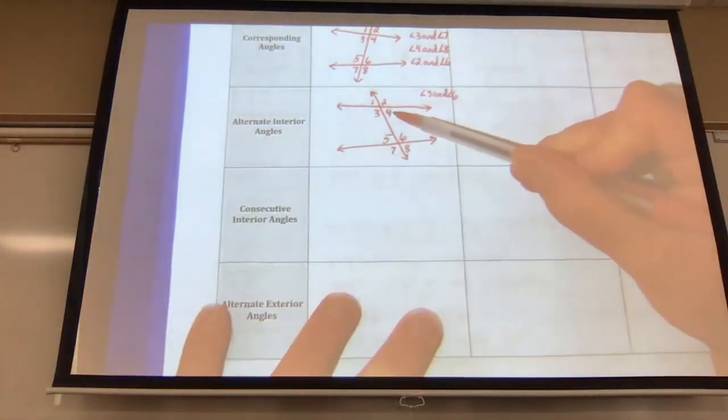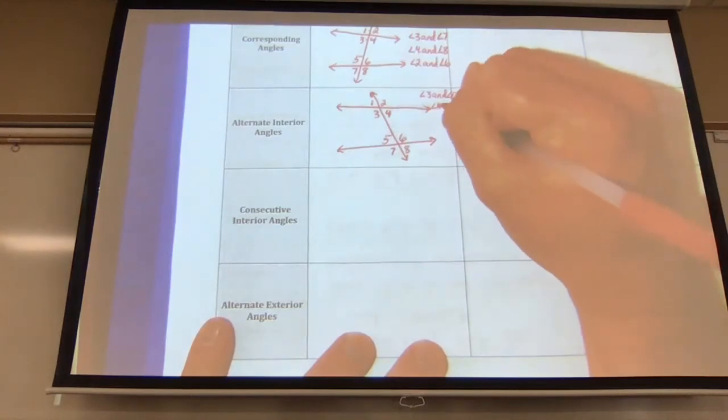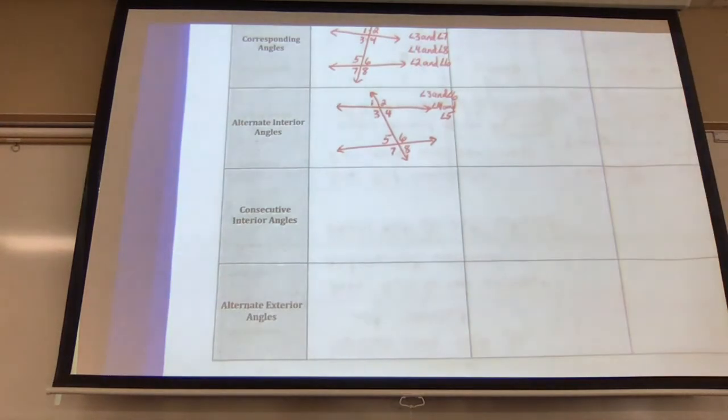And the other set of alternate interior would be 4 and 5. When you see those words alternate interior, just think opposite sides of the transversal, and interior on the inside of the lines being intersected.